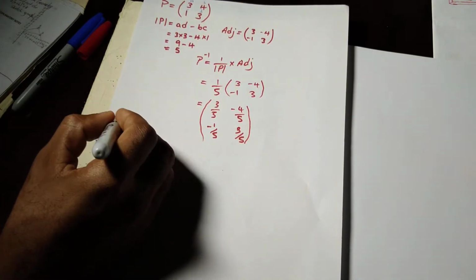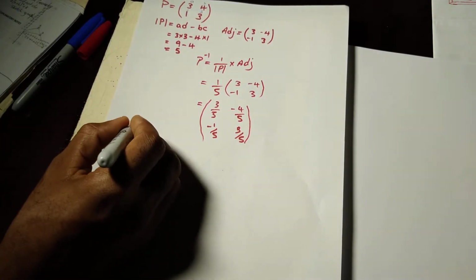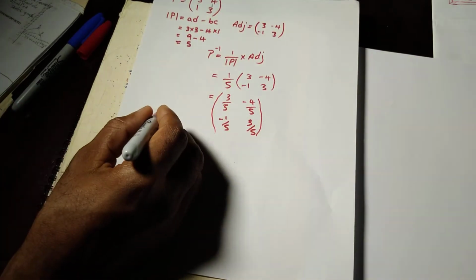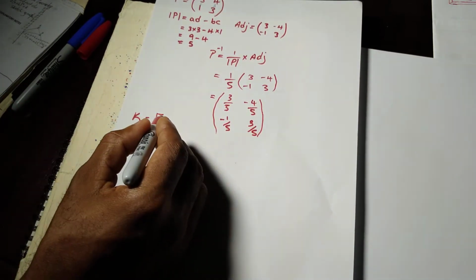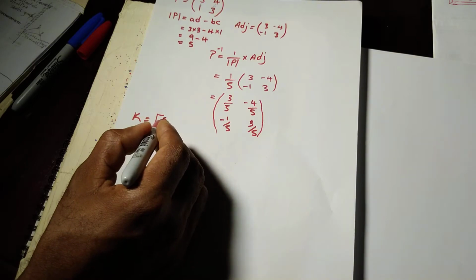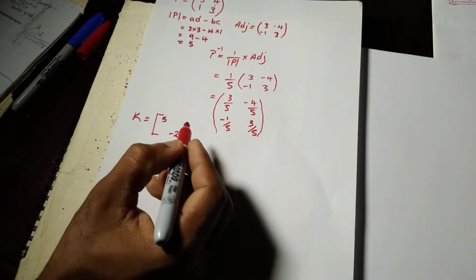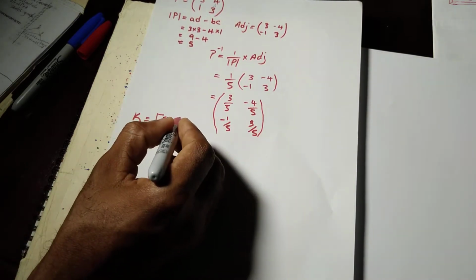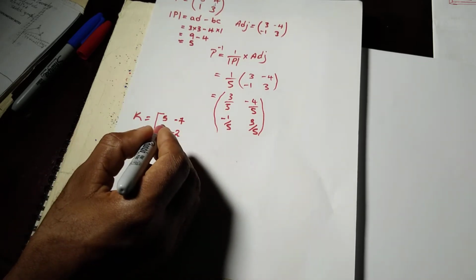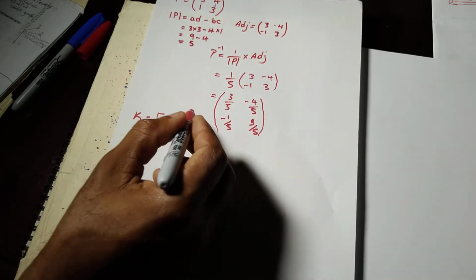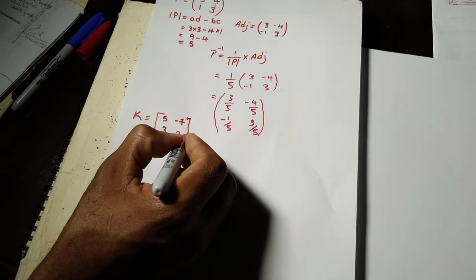So let's say we had K, and K was 5, minus 2, minus 7, and 3.